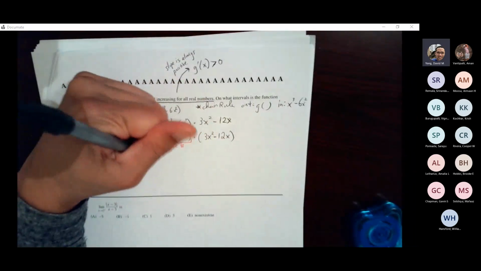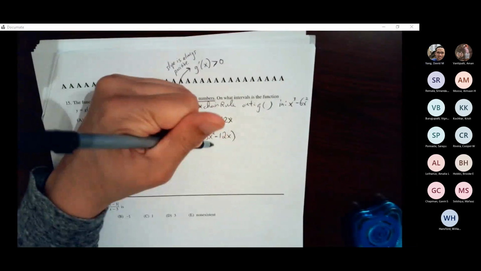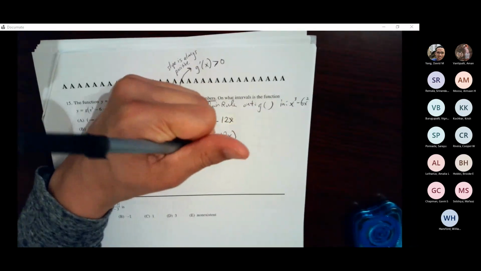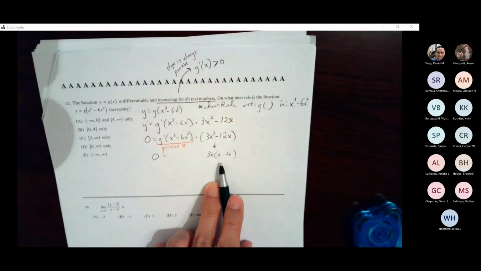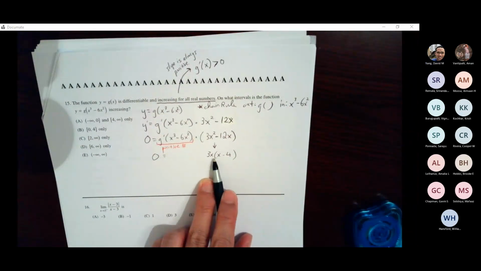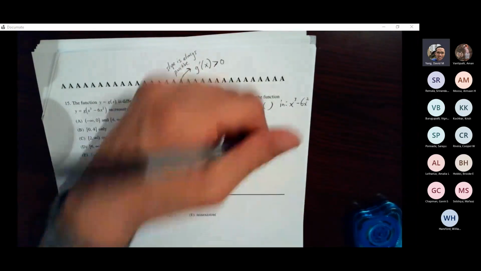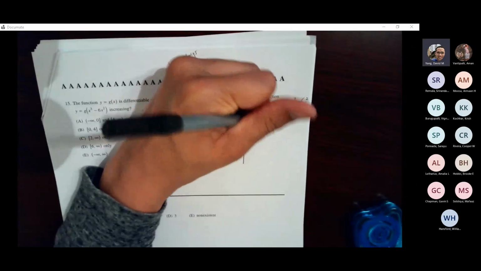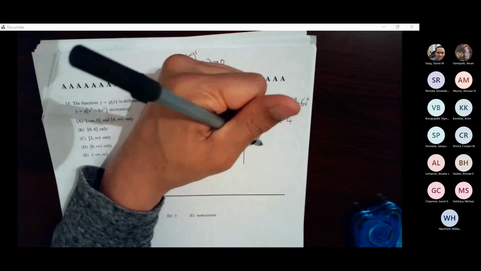I set that equal to 0. Set each portion equal to 0: 3x equal to 0, we get x = 0. Set x − 4 equal to 0, I get x = 4.